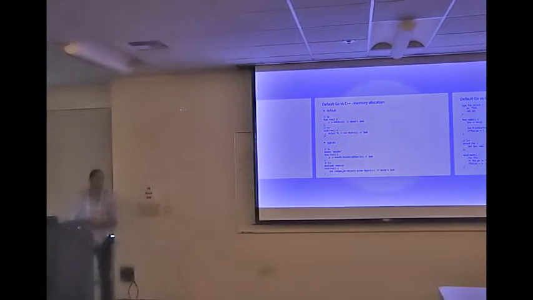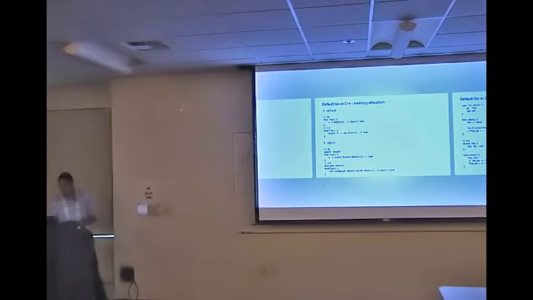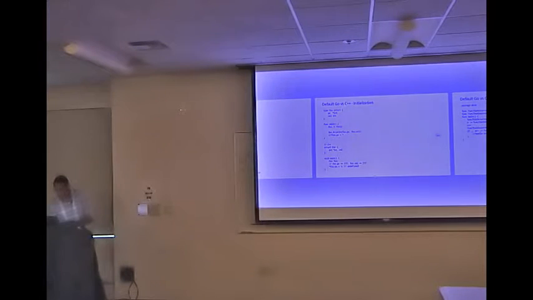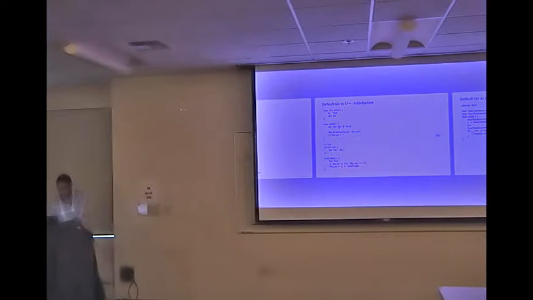Yep. Is it possible to explicitly state what you want the type to be instead of letting Go figure out what the type is? Yeah. Let's see here. I could say var foo equals a foo, like that.